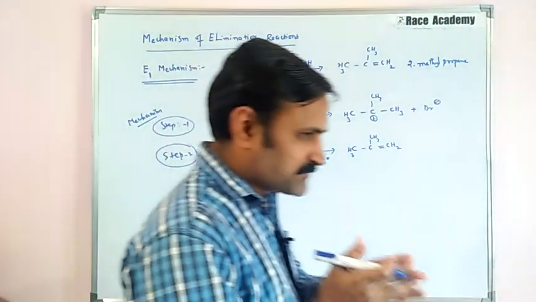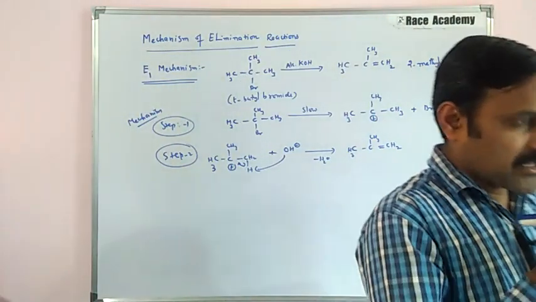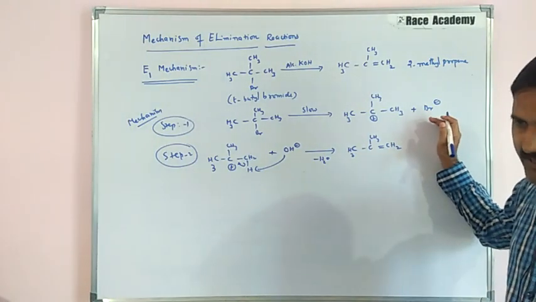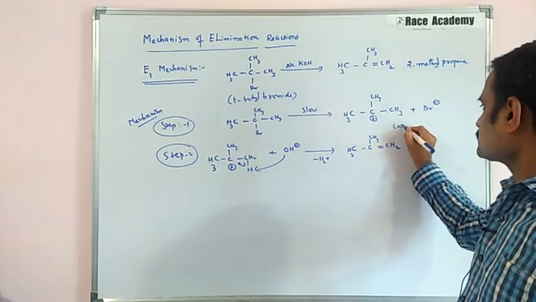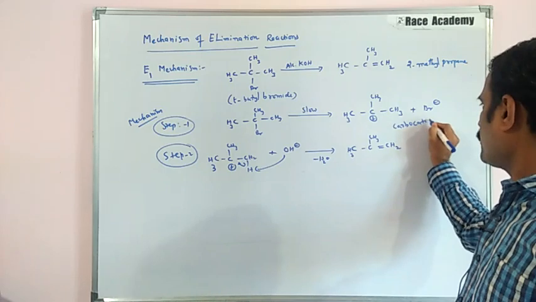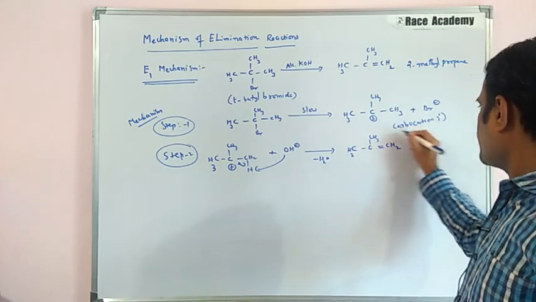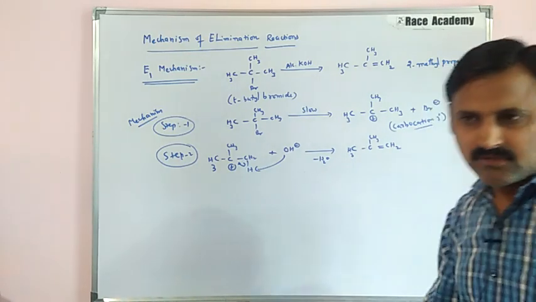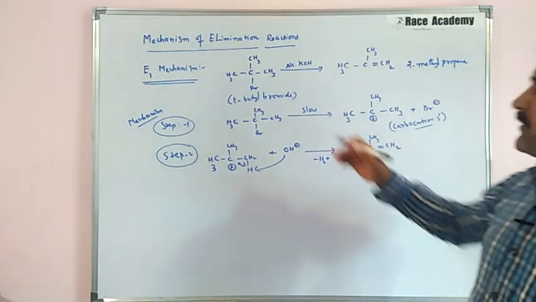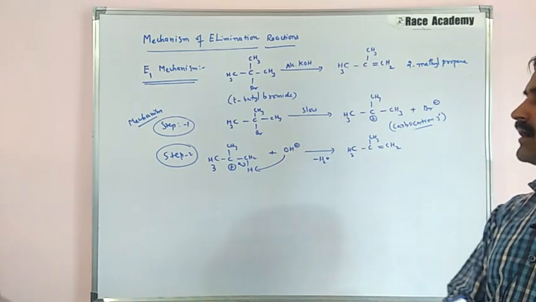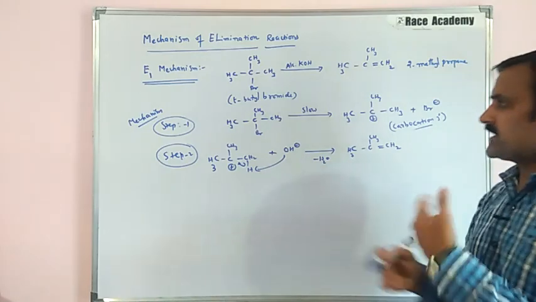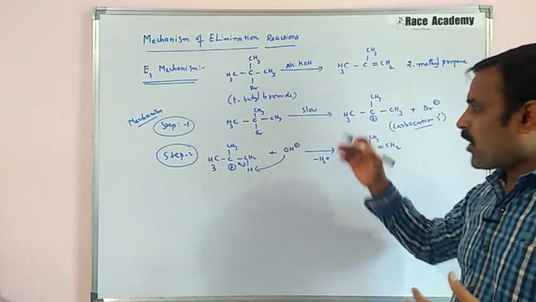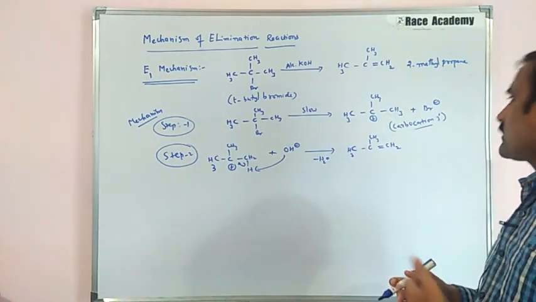We observed two steps here. In the first step we obtained a carbocation, a tertiary carbocation. If a tertiary carbocation is not obtained in any reaction, you have to rearrange the compound to get the stable carbocation.